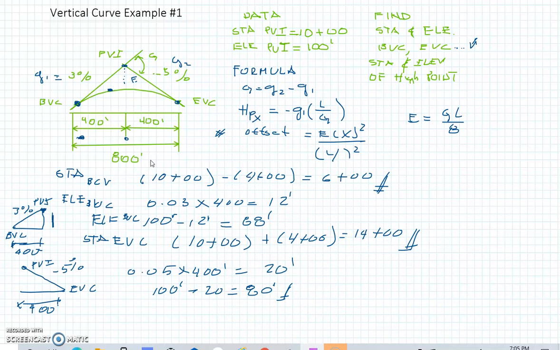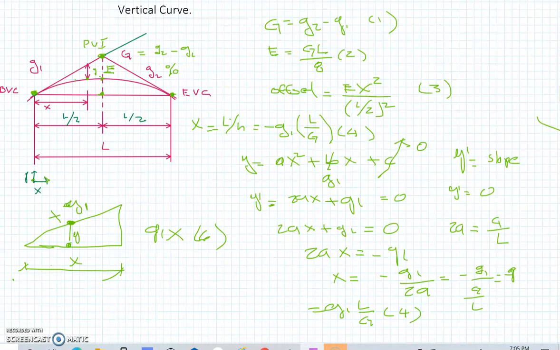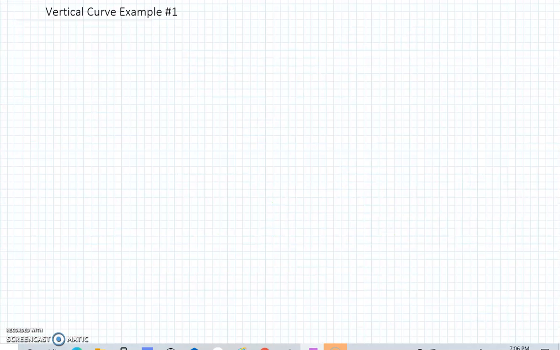Okay, now I need to work on my high point. I don't know it yet. For the formula I need for my high point, I go back to here. I need these two equations, number 2 and number 3.